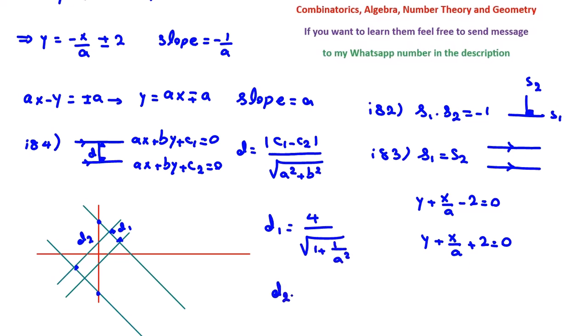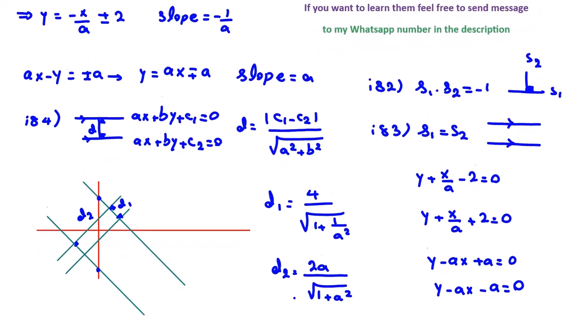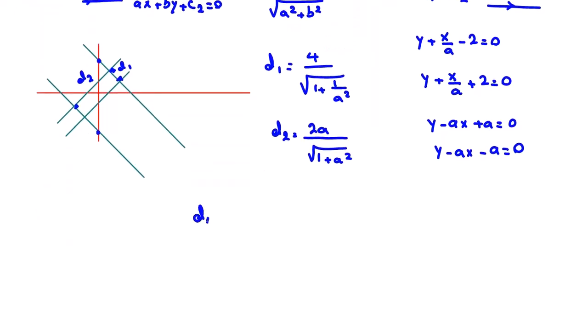d2 is what? It is for these two lines: y minus ax plus a equals 0 and y minus ax minus a equals 0. Here a is positive, so c1 minus c2 using this formula will be 2a over the square root of 1 plus a squared. Now we want to calculate d1 times d2.